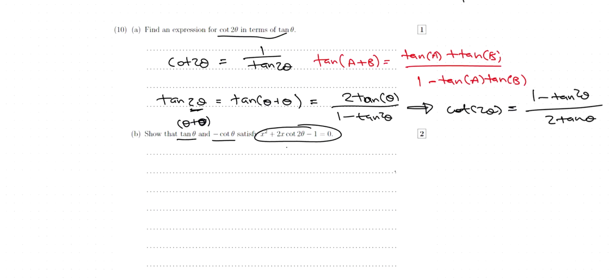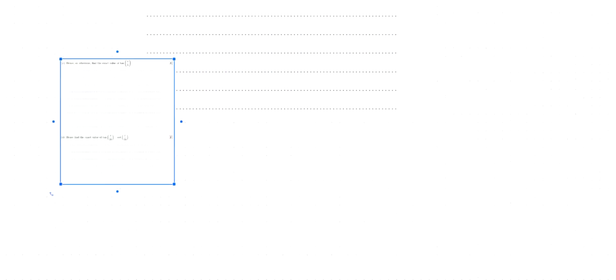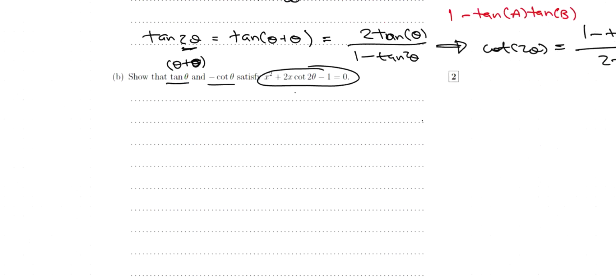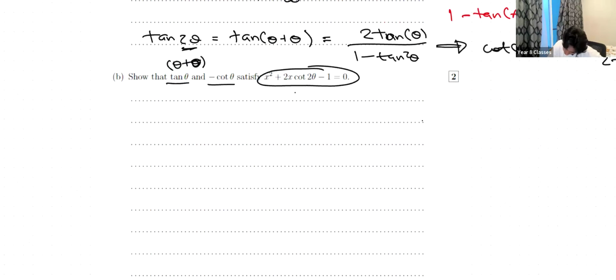Do we sub tan theta into the equation? Okay, let's see what happens if we do this. So you get tan squared theta plus 2 tan theta cot 2 theta minus 1 equals 0.